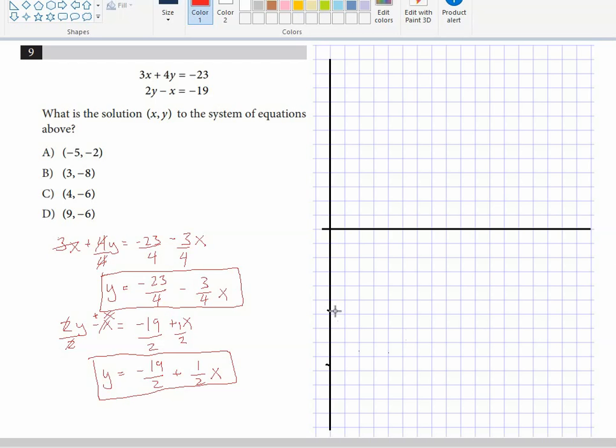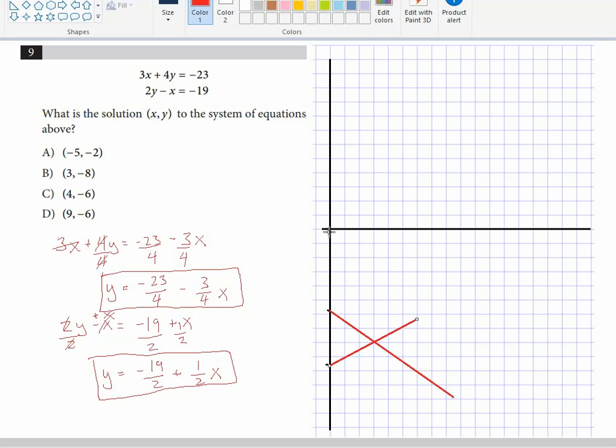We're starting at negative 23/4, and we're going down 3 over 4, which is here, and another line starting from negative 19 halves, which is negative 9.5, and we're going up 1 over 2, and we're going to extend that out, and look where our answer is.